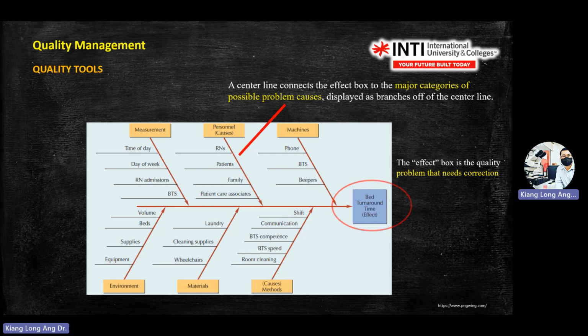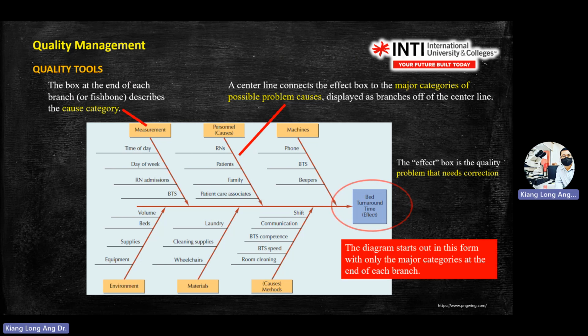So they give you something like this. The center line shows the major possible causes of the problem. So they draw the fish head first, then the body, then the small arrows pointing to the body, and this is the main department or main region for that cause.